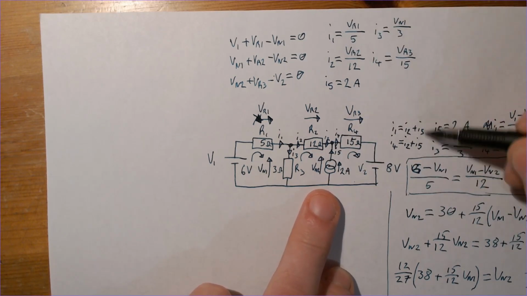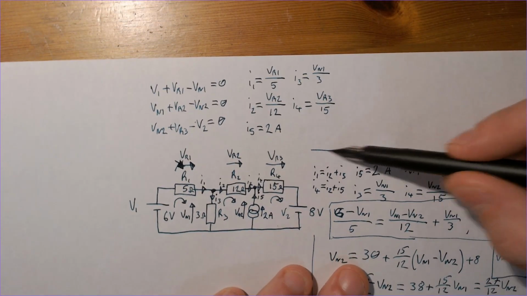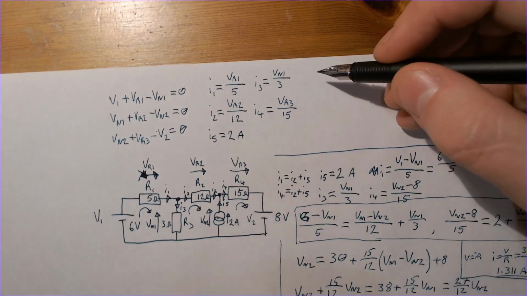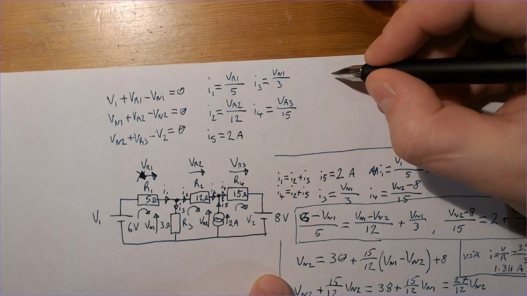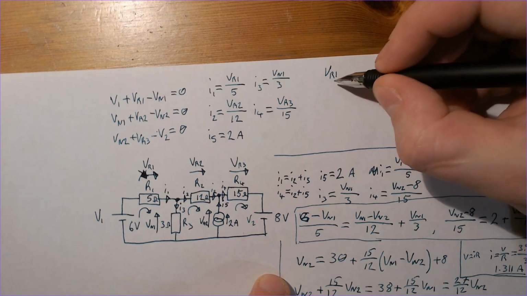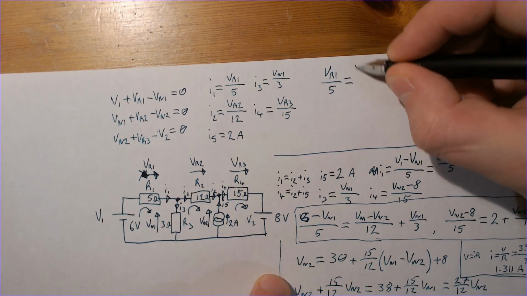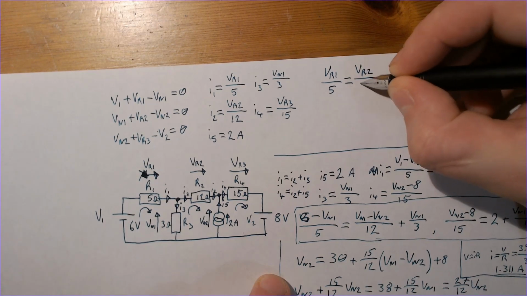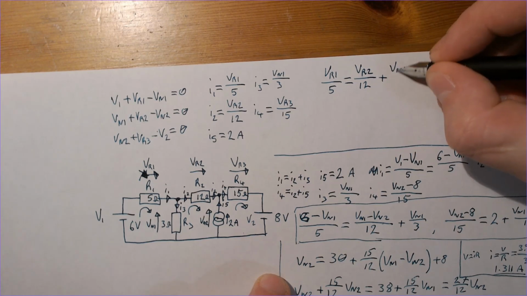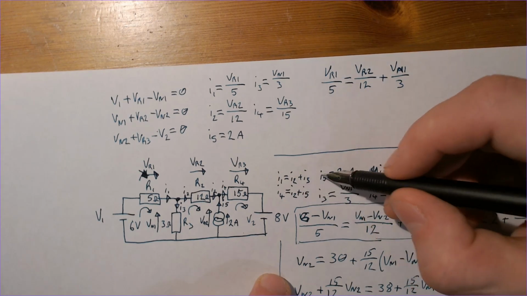And we also need these equations again. So let's put those into these equations. Separate that off. So VR1 over 5 equals VR2 over 12 plus Vn1 over 3, and that's that one done.